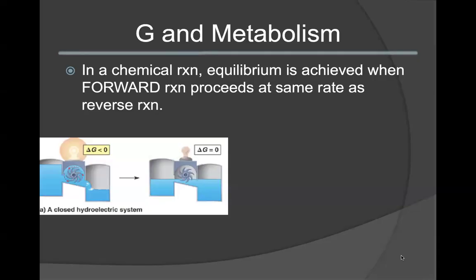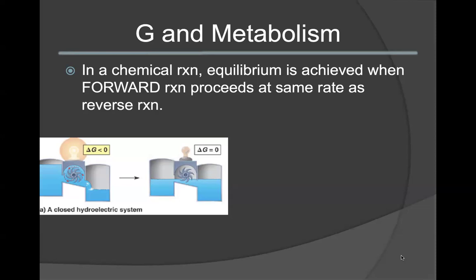How does this concept of Gibbs free energy relate to metabolism? In a chemical reaction, equilibrium is going to be achieved when a forward reaction occurs at the same rate as the reverse reaction. Let's take a look at the diagram below. Here we've got a closed system where we have a high water level in the leftmost container versus a lower water level in the right part of the container.